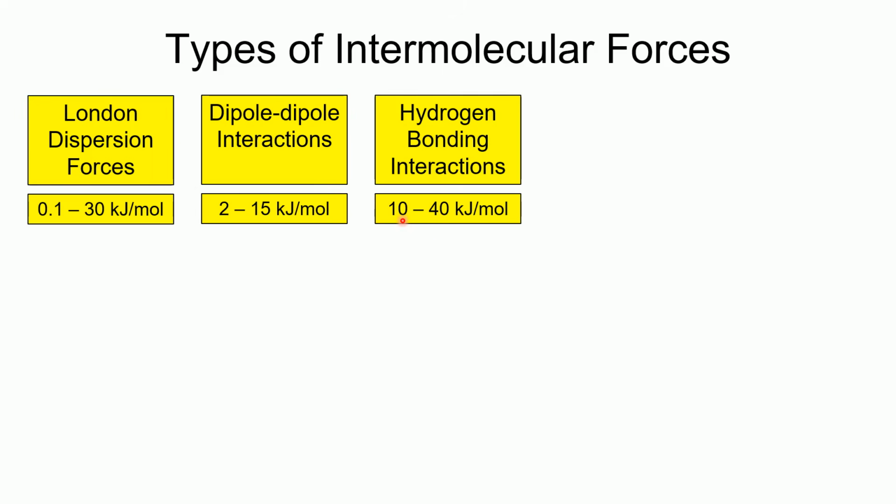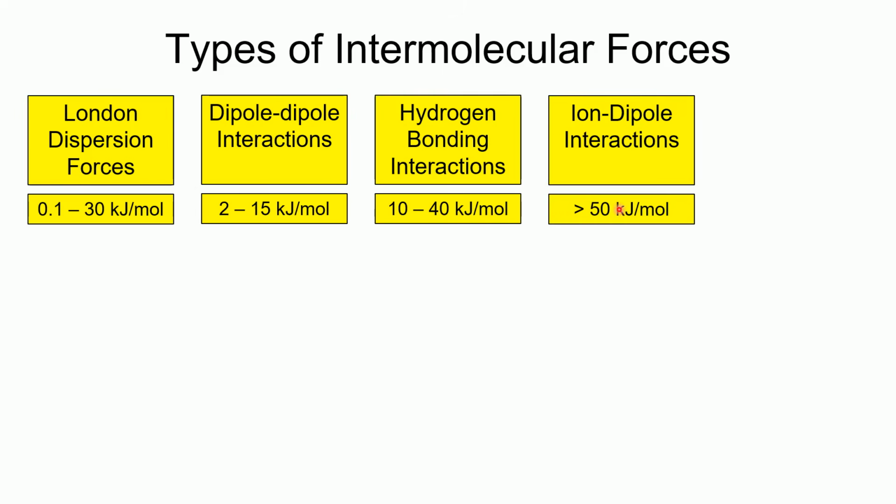It's a bigger range of possibilities, from about 10 to 40 kilojoules per mole, so much stronger. We'll also look at ion-dipole interactions, which typically range greater than 50 kilojoules per mole. There's a very broad range here, so I just give that approximate number.